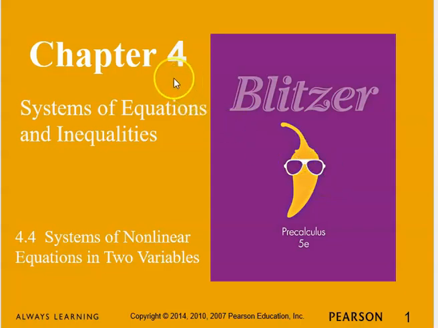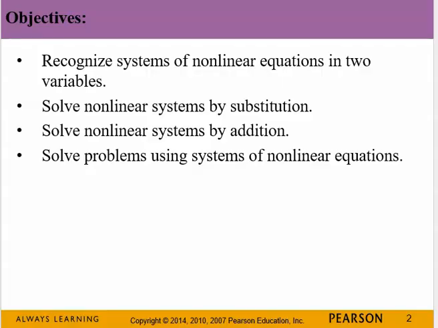Going on in Chapter 4 now, looking at Topic 4, systems of nonlinear equations in two variables. Here are the objectives. And interestingly, we're going to solve these pretty much the way we did linear systems.